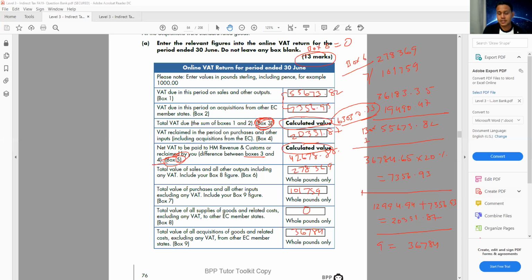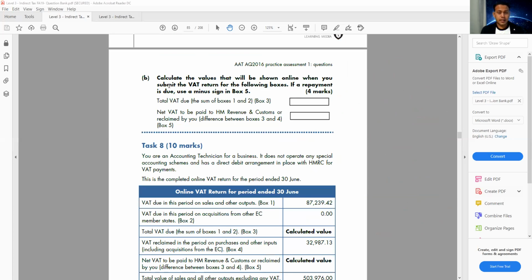So if you go down, you can see this one. Calculate the value for box 3. This one we have done, that is 63,030.35. And for box 5, that is the difference between box 3 and box 4. That is 42,678.